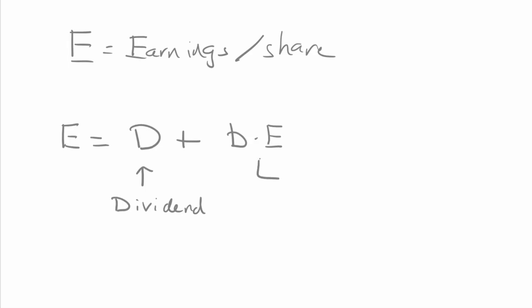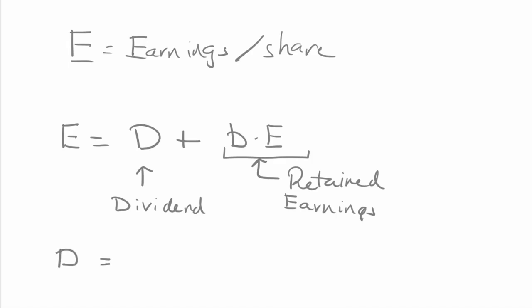B times E, this is retained earnings. And rearranging, D is 1 minus B times E. So those are all accounting identities.